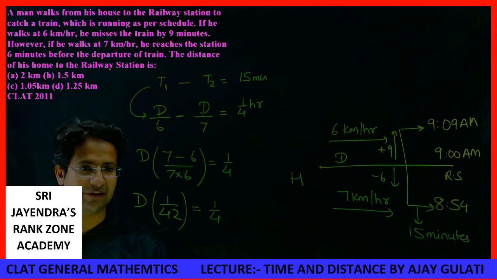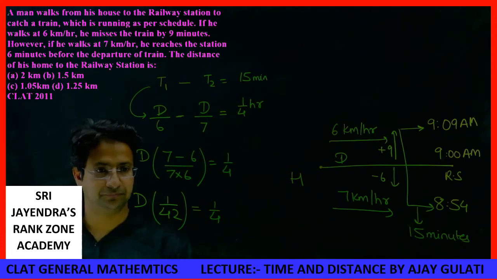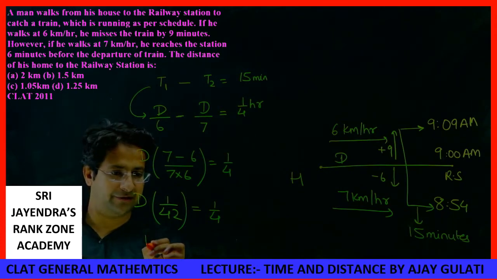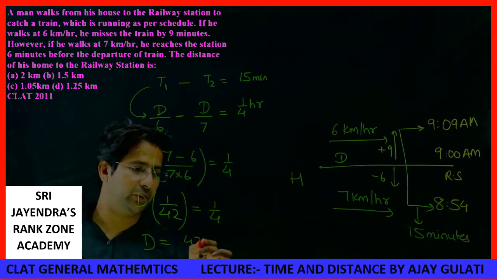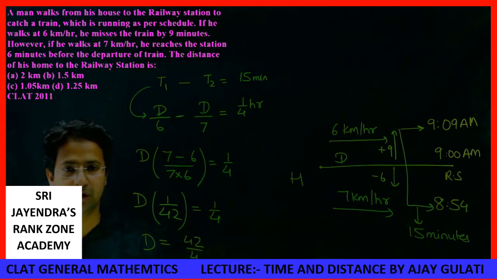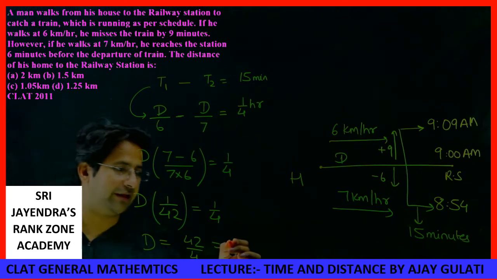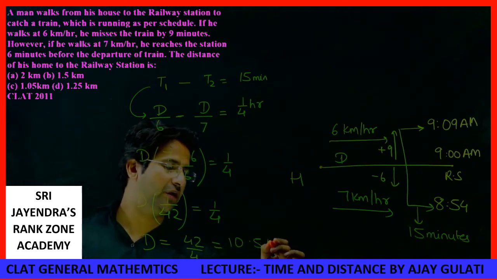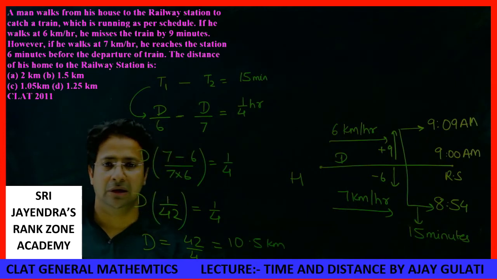So far I hope everything is clear to everyone. From here I can say D is equal to 42/4. What does 42/4 mean? 42/4 means 10.5 kilometers is your answer.